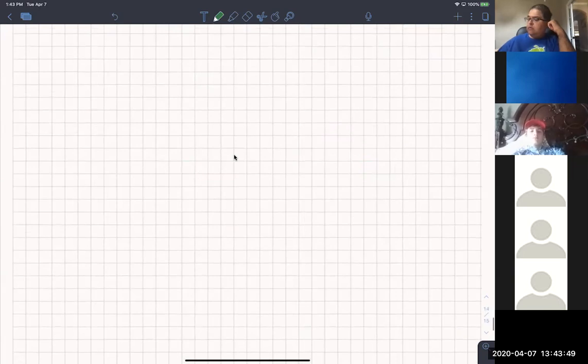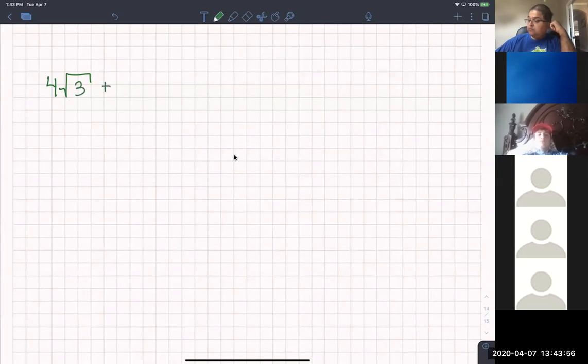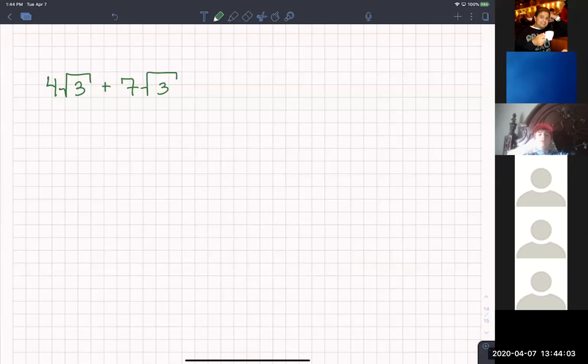Right, now, how do we deal with something like this? Just add 7 and 4 and you get 11 and the square root of 3. That's the answer. So remember, before you can add radicals, what's underneath the radical must be the same.